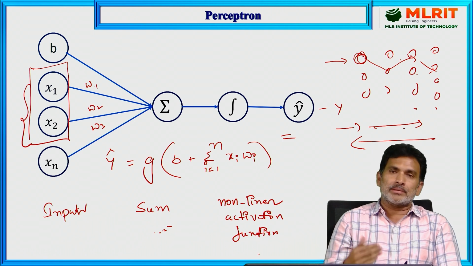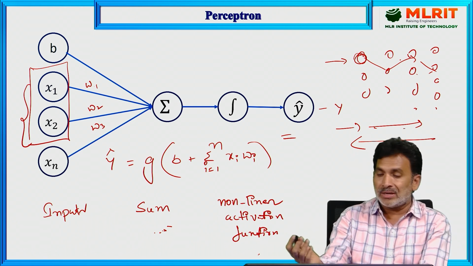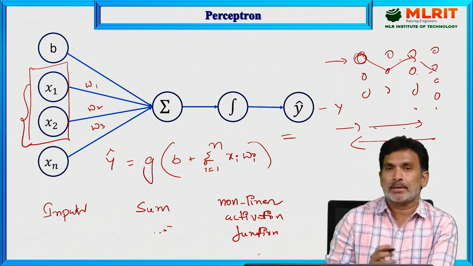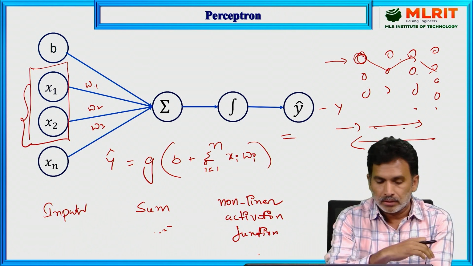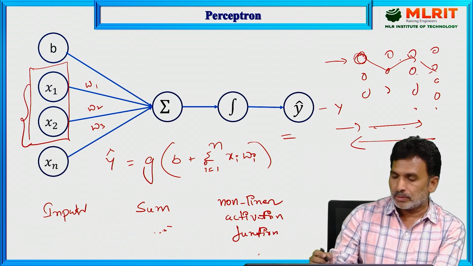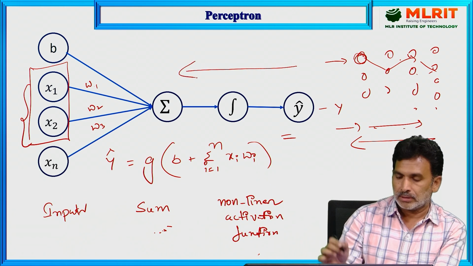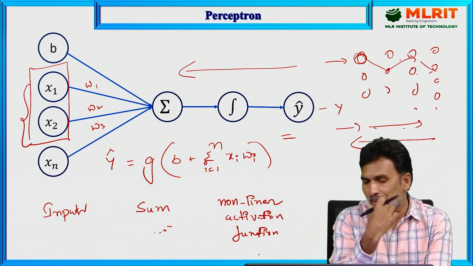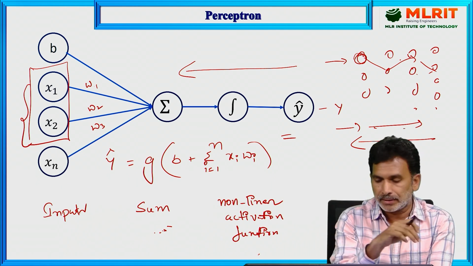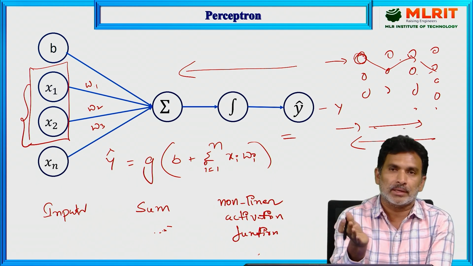To minimize that error, that information needs to be propagated back, in this direction. Propagating back in this direction is backward propagation.